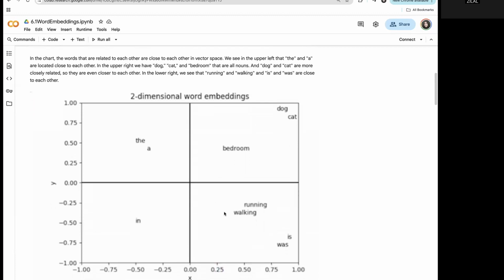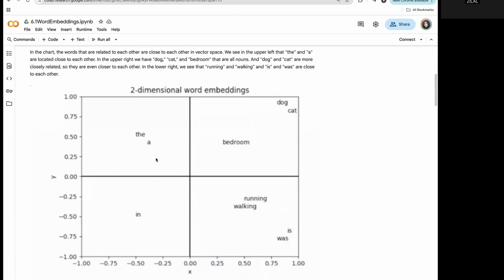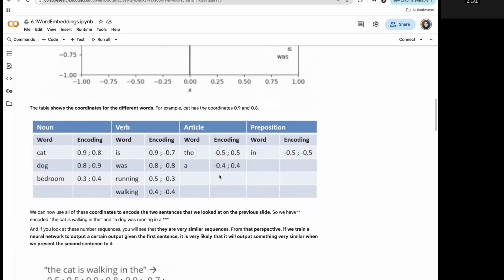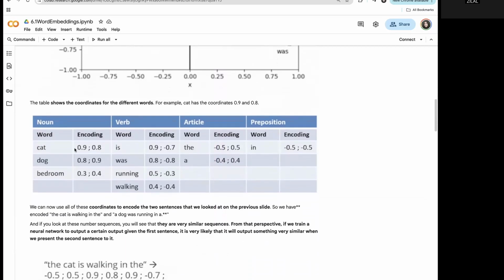So, in the chart, the words that are related to each other are close to each other in the vector space. For example, we can see running and walking are close to each other because they are verbs. And this table shows the coordinates for different words.